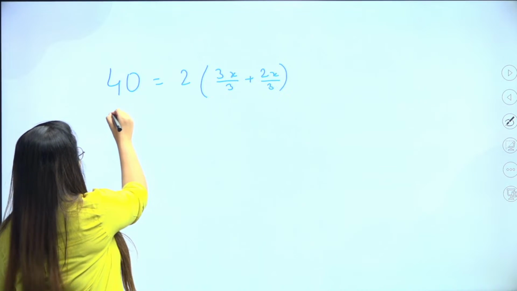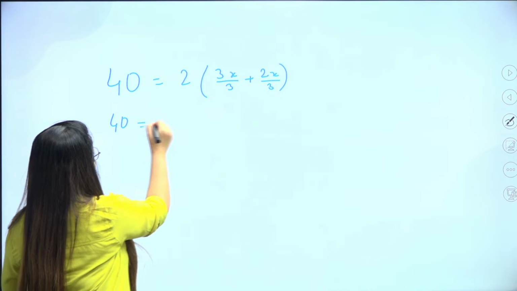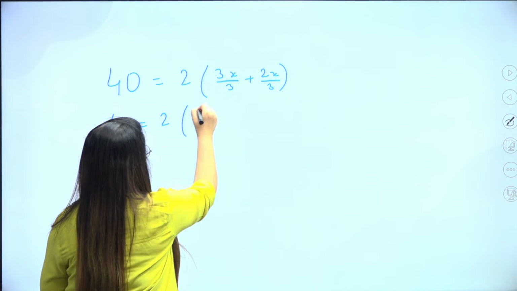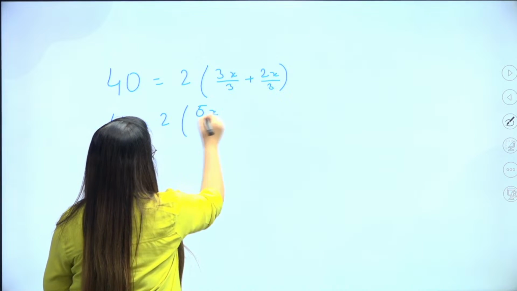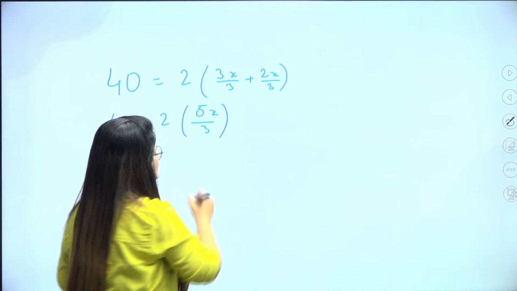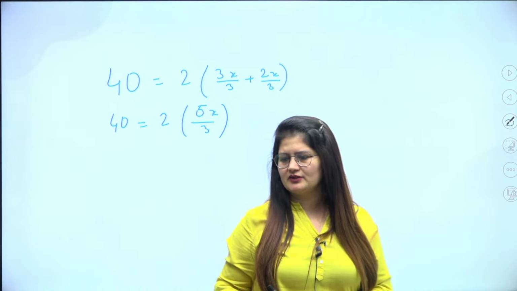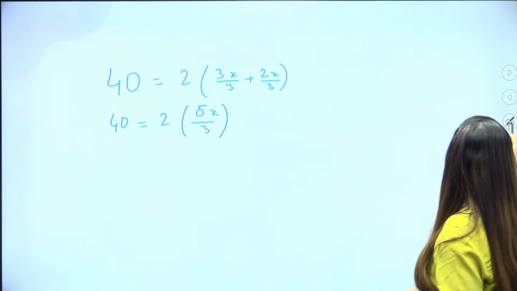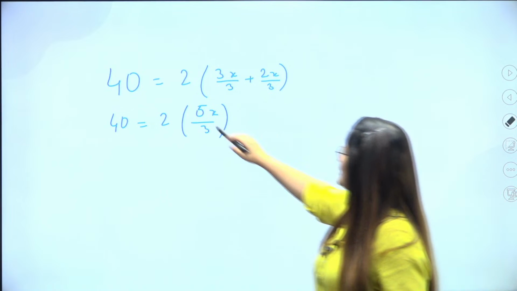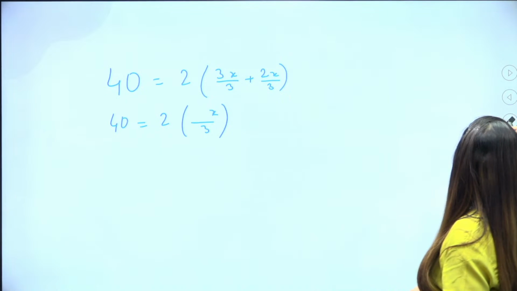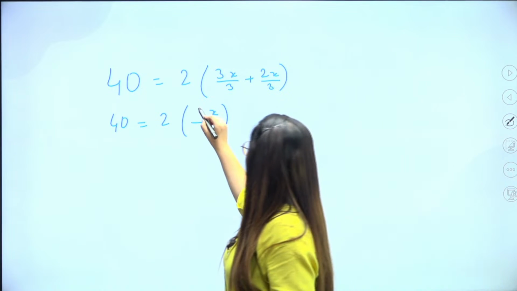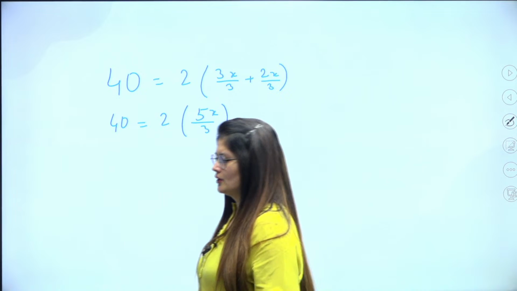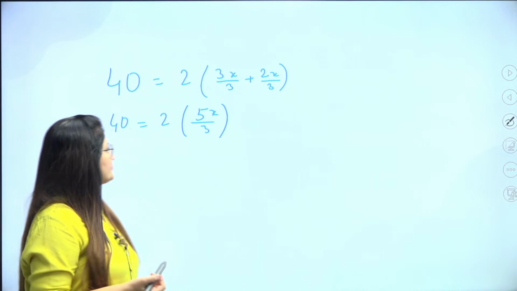So now let's solve it. 40 is equal to 2 times, and in the bracket we get 5x/3. Now can we do some transposition and find the answer? Okay, let's go for it then.